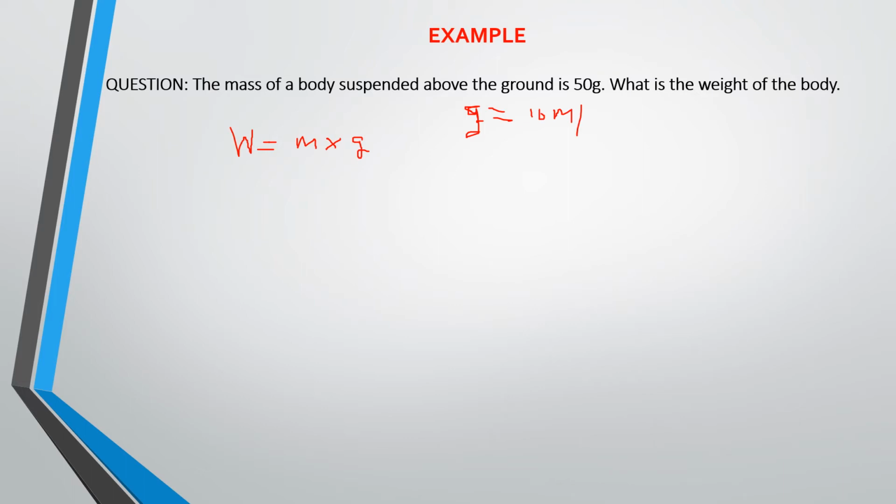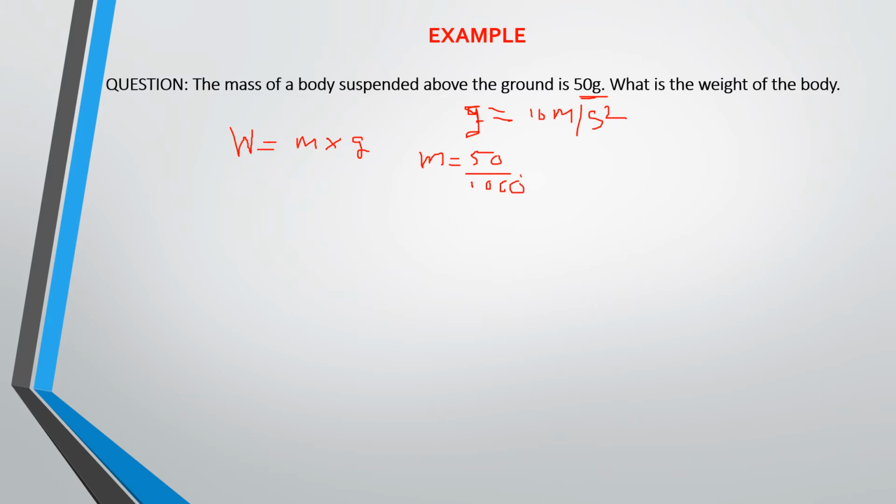meters per second squared. Now the mass given to you here is in grams, so you have to convert this mass to kg, because the basic unit for mass is kg. So your mass m will be equal to 50 divided by 1000.